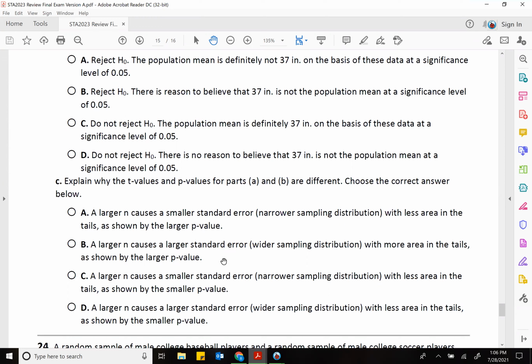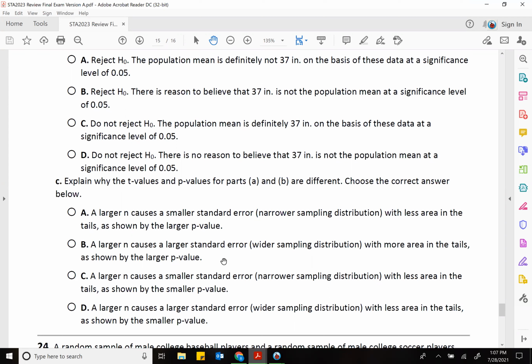So you said first, a larger sample causes what? A smaller p-value. So that means it's either C or D.